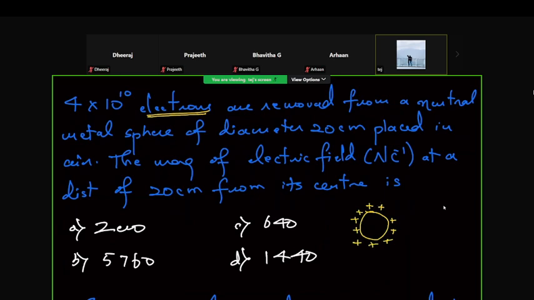For example, if you take off 2 negative charges, it becomes 2 positive. If you take off 10 negative charges, it becomes 10 positive. Here we are taking off so many negative charges, so it becomes so much positive. So however many electrons were taken off, the same number becomes positive charge.